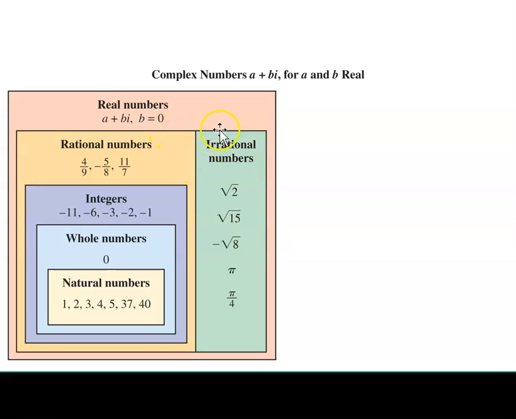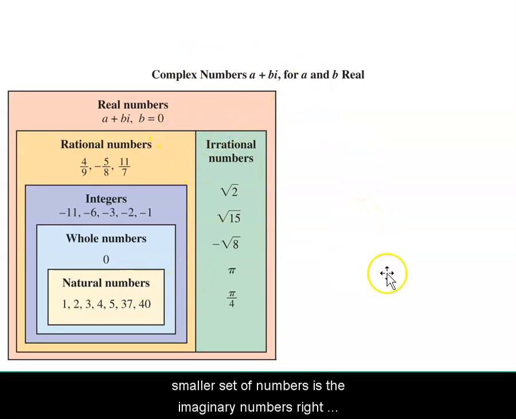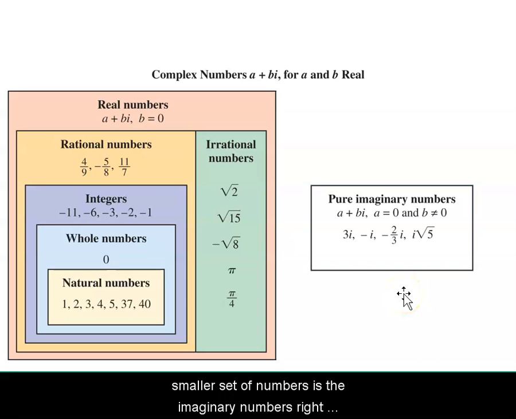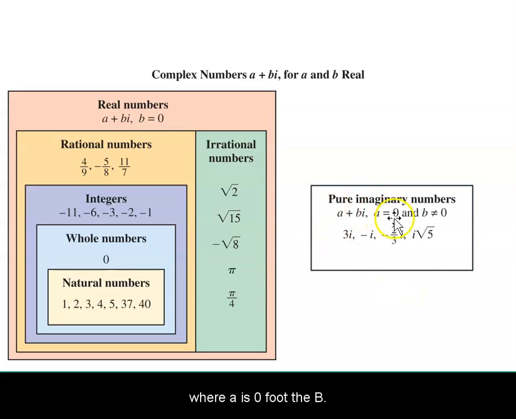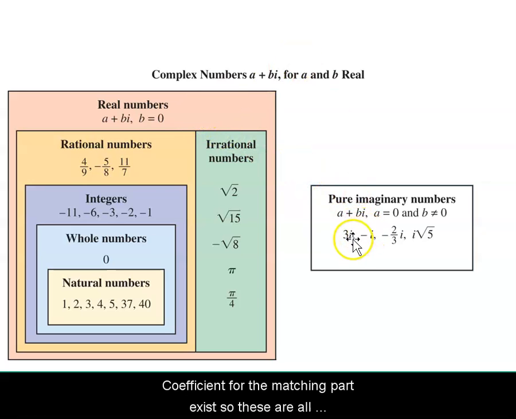When we come to the complex numbers, our first smaller set of numbers is the imaginary numbers, right? Where a is 0, but the b coefficient for the imaginary part exists. So these are all things that have no real part, but they do have their imaginary portion.